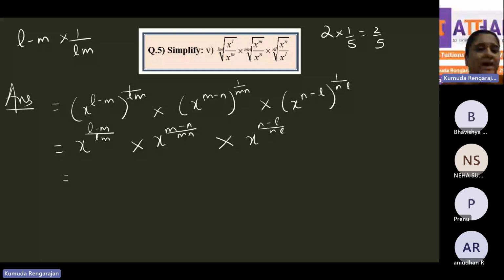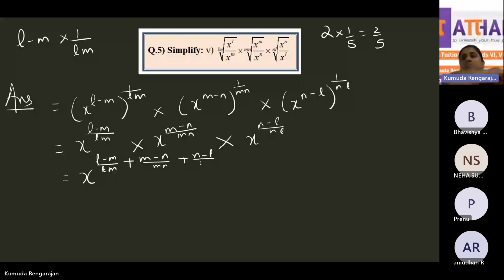Now the bases are the same and it's multiplication, so we have to add the powers. In the power we write l minus m by lm plus m minus n by mn plus n minus l by nl.